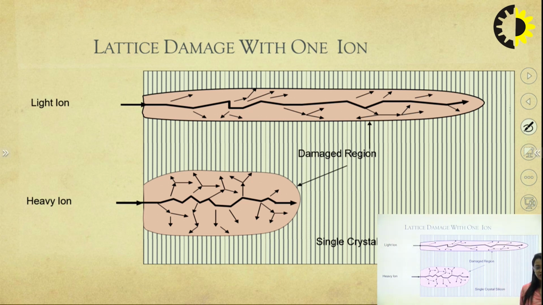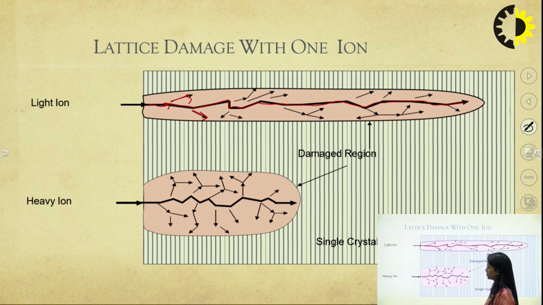Now, in this slide I am trying to show the lattice damage with one ion. What is actually happening? Let's say we are adding a light ion. When we add the light ion, it enters the lattice and hits multiple other ions which are already present. So this is the journey of a light ion.